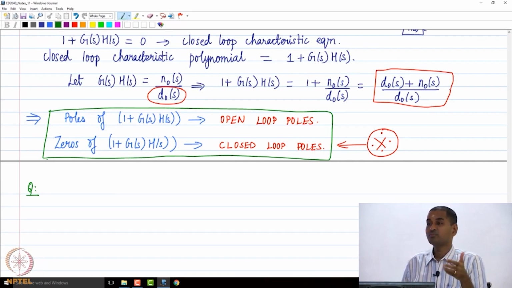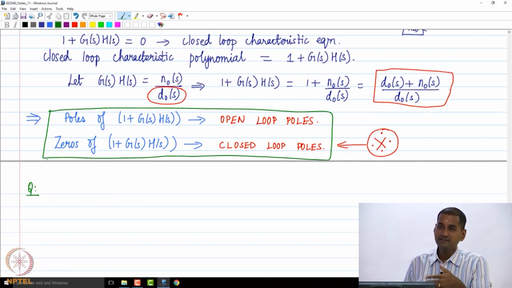Now, the question we are going to ask ourselves, the answer to which would be provided by the Nyquist stability criterion, is the following.